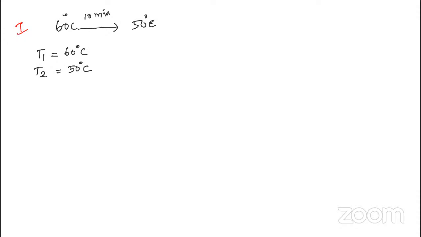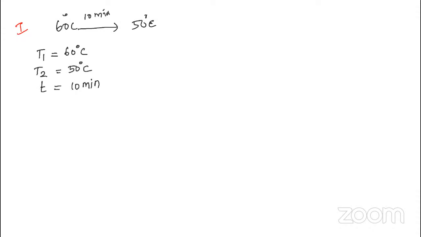We are going to solve this one. Okay, first we take the first value, that is the temperature difference between 60 and 50 degree Celsius. It takes a time of 10 minutes. So here we have to substitute all the values: T1 is equal to 60 degree centigrade, T2 is equal to 50 degree centigrade, and time t is equal to 10 minutes.